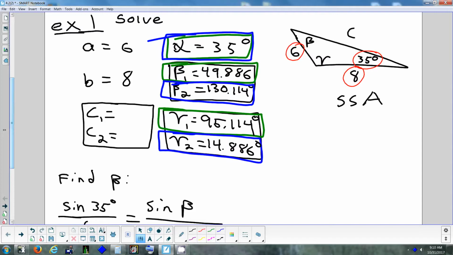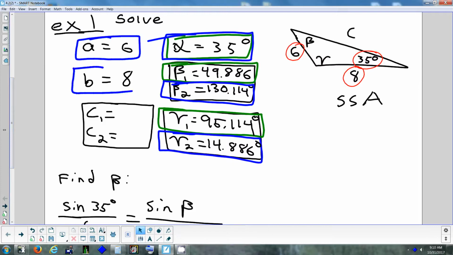All right, so the last thing we have to find is C1 and C2. And what row do you think I should use to find both C1 and C2? Got to use a row with everything in it. Yep. Yeah, I should go back to what was given because Row A is a row that you can use in both triangles. A is in the blue triangle, B is in the blue triangle, and C2 is in the blue triangle.